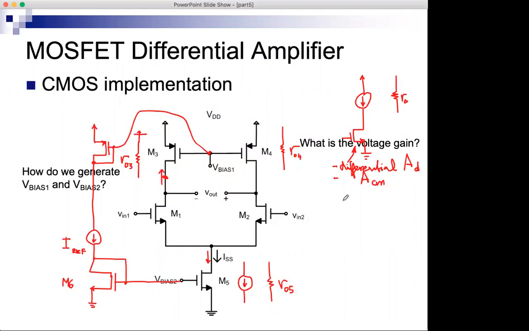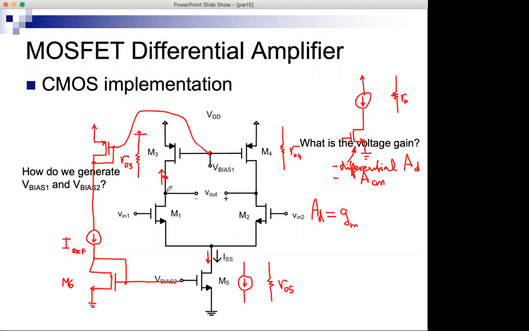All right, so we can use the result from last time, and when I take the output plus here and minus here, I will get a gain, AD, with a plus sign, because if I take the input here, I have a minus sign from gate to drain, but there is a minus sign already, so I don't need to include minus GM.